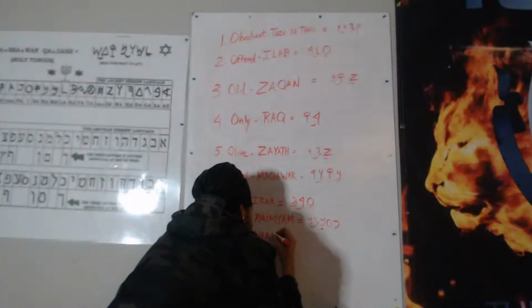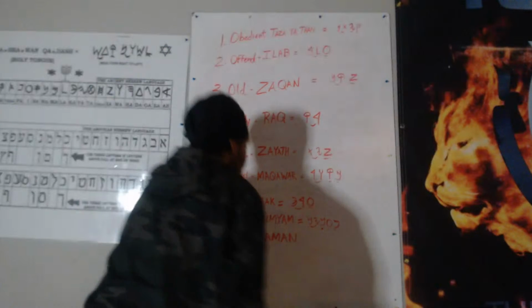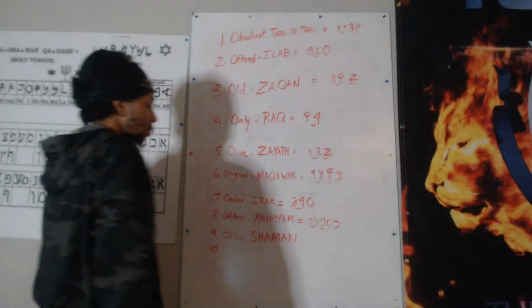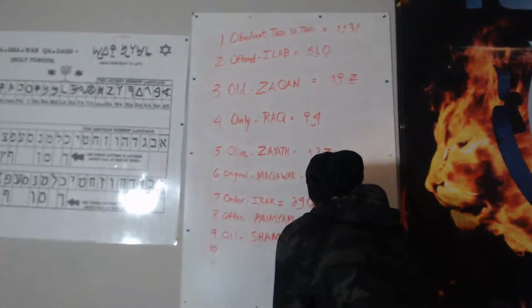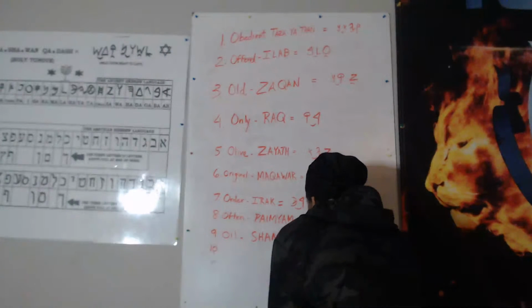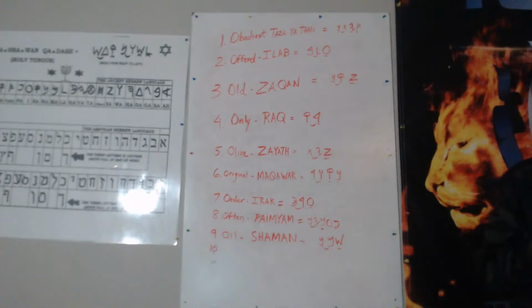S-H-A-M-A-N. Like that. Shaman. Okay. All right. Sha, we got the ma, and we got the na. Is that correct? Yeah. All right.